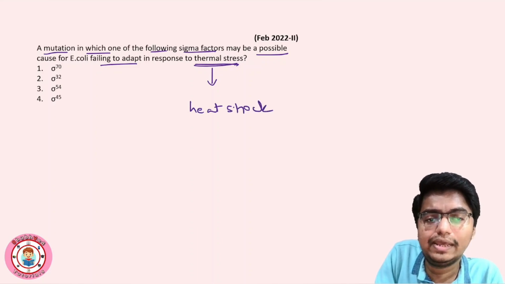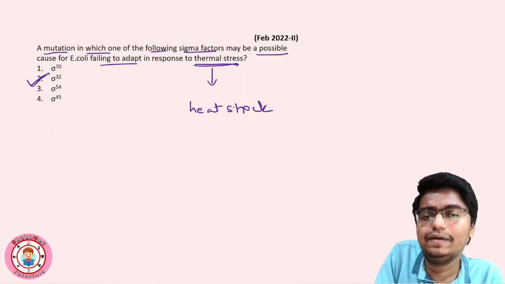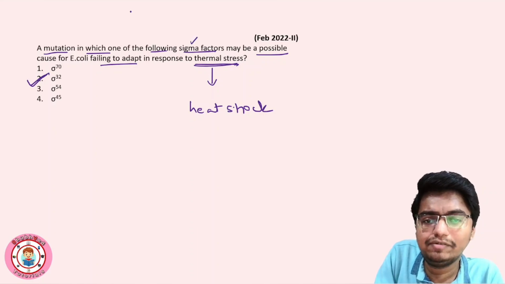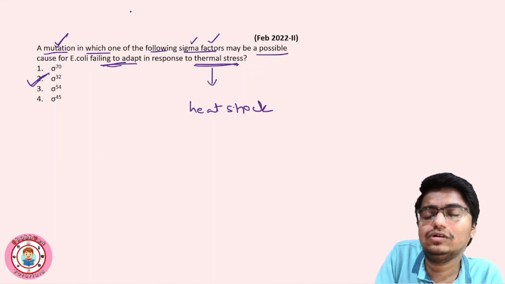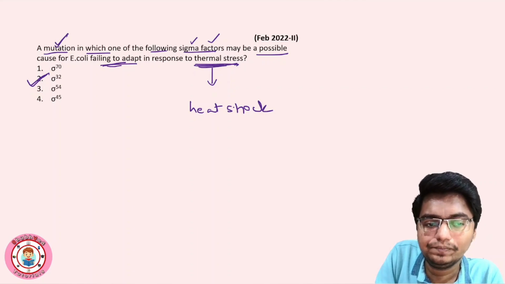So it is the same type of question, sigma 32. The question means a sigma factor with a mutation, because of which adaptation cannot happen in response to thermal stress. It cannot adapt itself. So the sigma factor responsible for this is sigma 32.